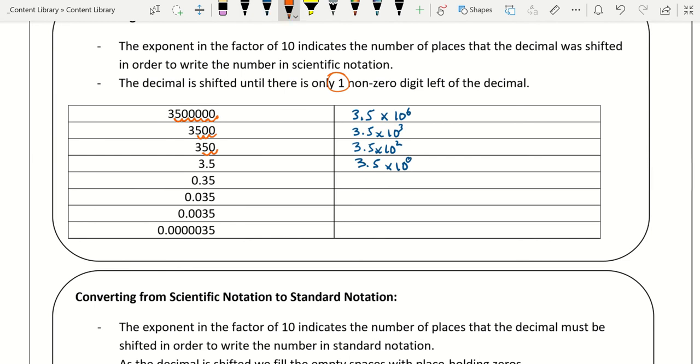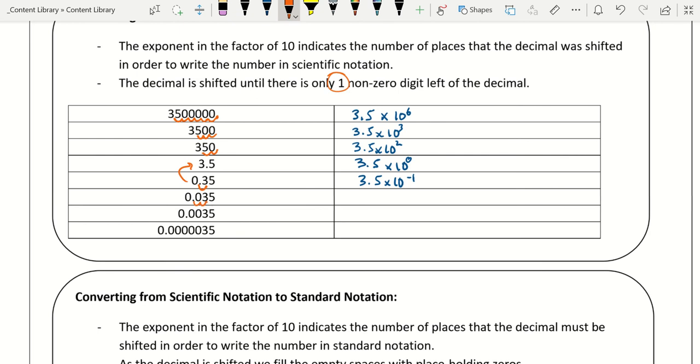Now we get into numbers that are getting smaller, but we want this one to look like this. So we can move this decimal over once. And then we get 3.5 times 10 to the negative 1. And let's look at the next one. We go 1, 2, 3. Excuse me, other direction. I goofed. Whoops. 1, 2.